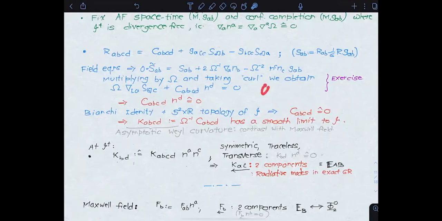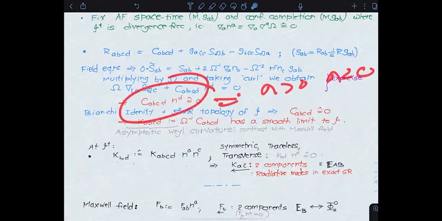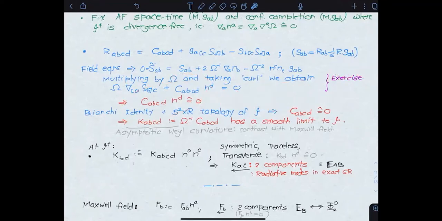If we had cosmological constant positive or negative, then this condition immediately implies the Weyl tensor is equal to 0, without referring to topology or Bianchi identity. It is a straightforward exercise. But when Scri is null, it is important to realize that there is a subtlety, and you really have to use the topology of Scri and also the Bianchi identity.